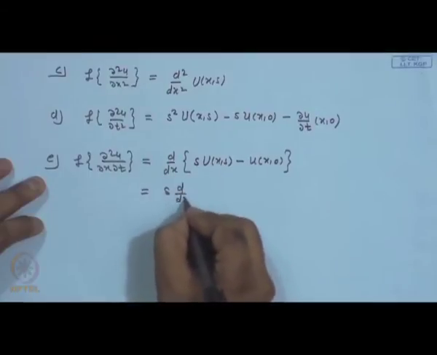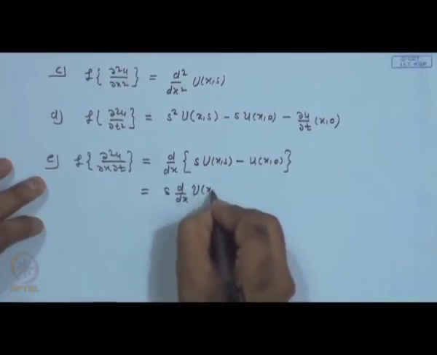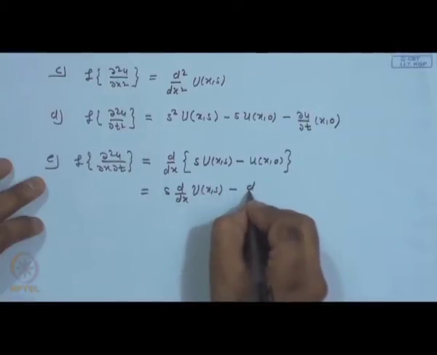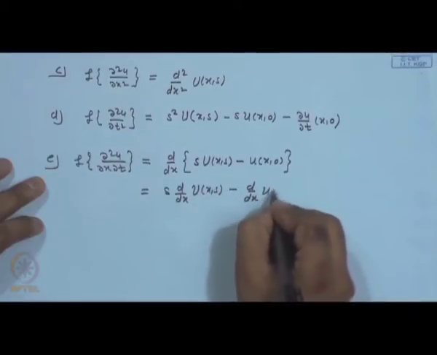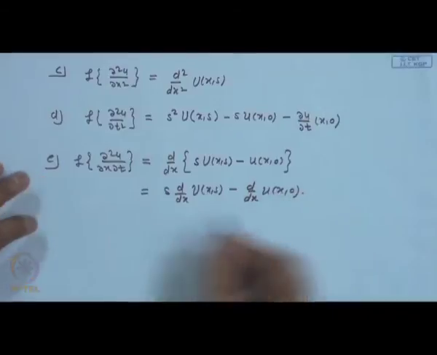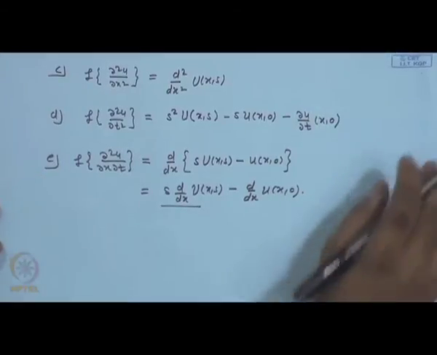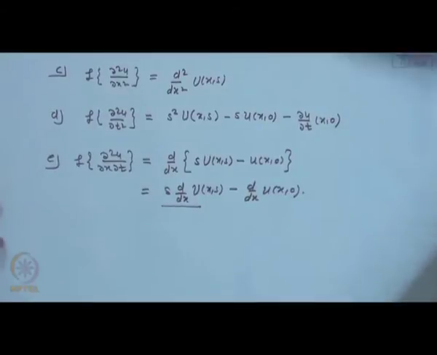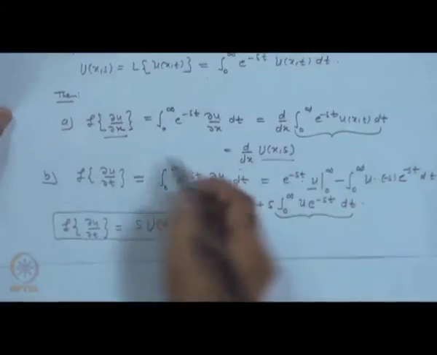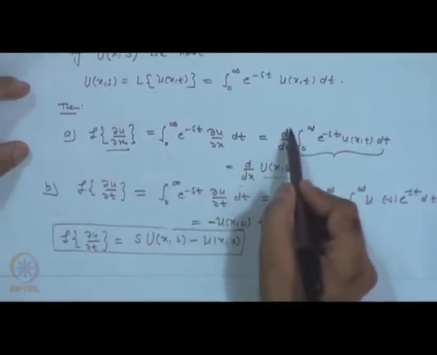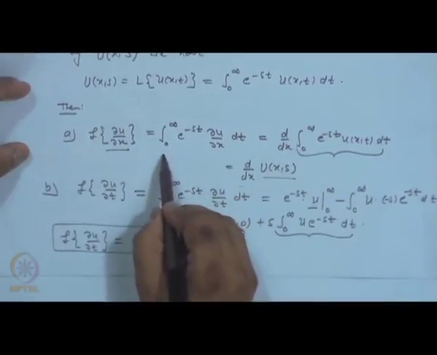So, we get d over dx of s u(x,s) minus d over dx of u(x,0). So, this is for the mixed derivative. In addition to that, we assume in this case that the derivative we can take out of the integral.